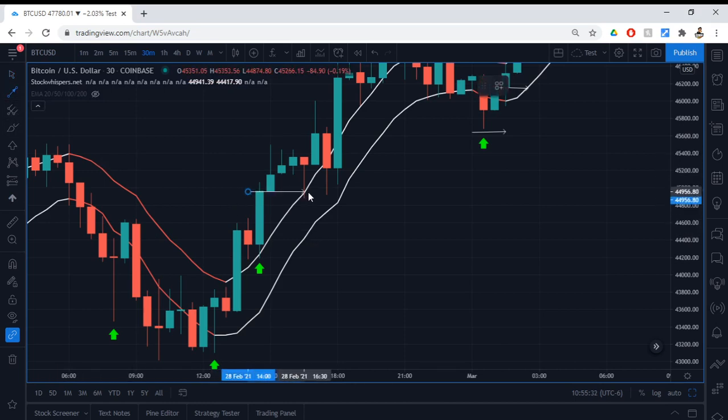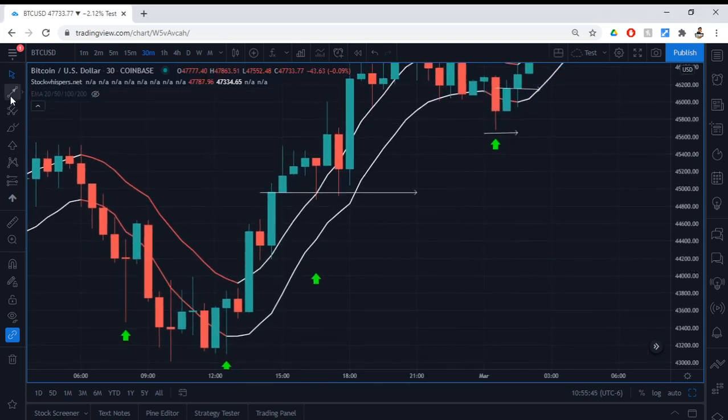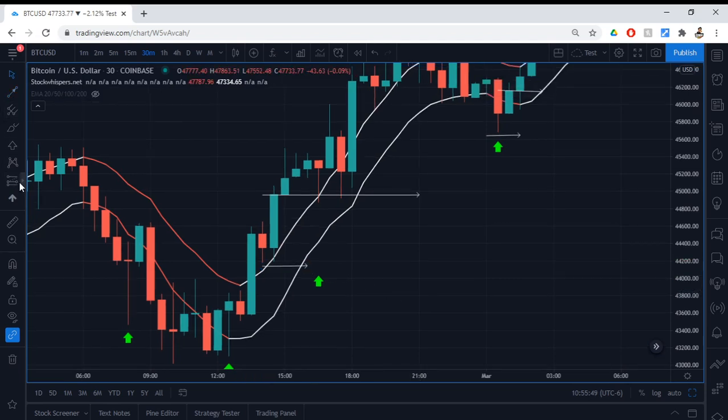You got in at this point. Your stop loss would have been down here. You would have been risking 1.8%.